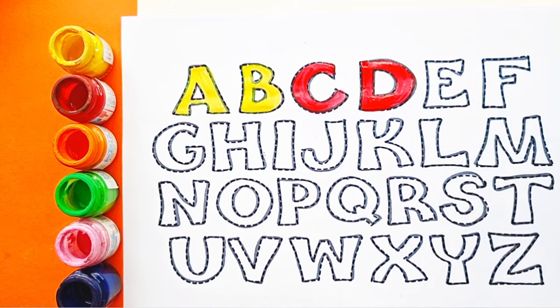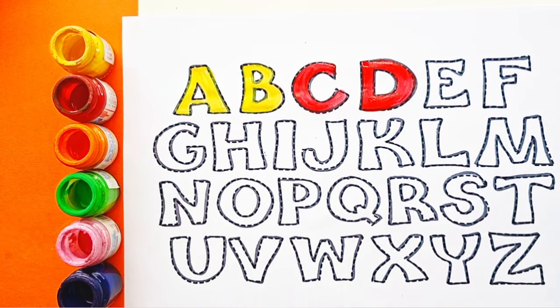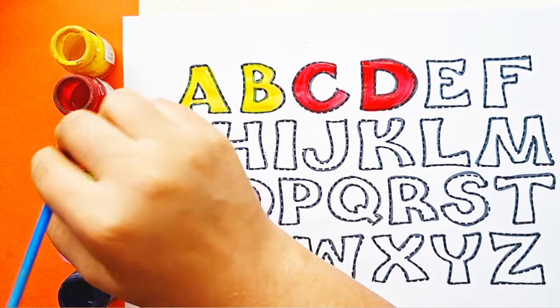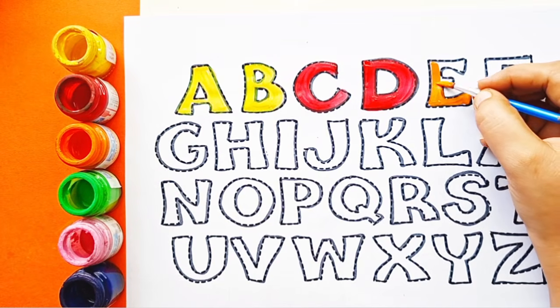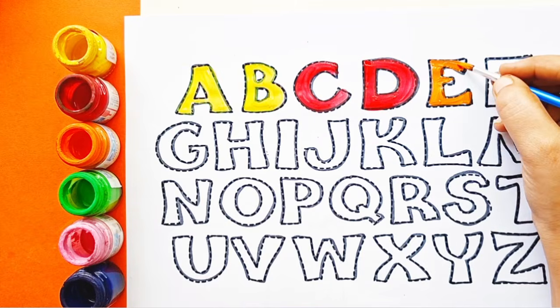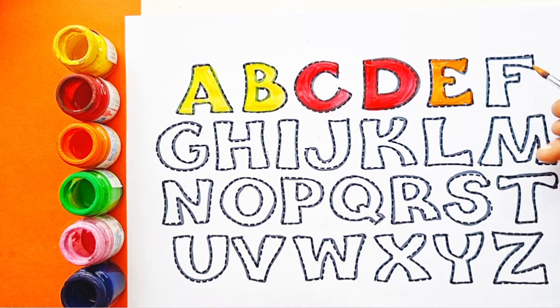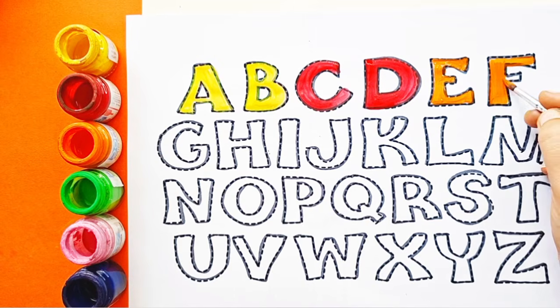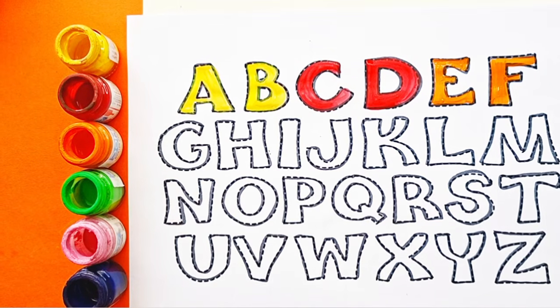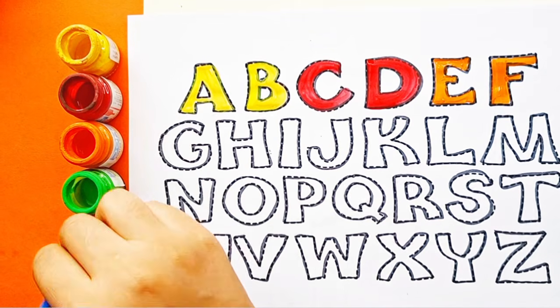D. D for dog. Orange color. E. E for eagle. F. F for fish.